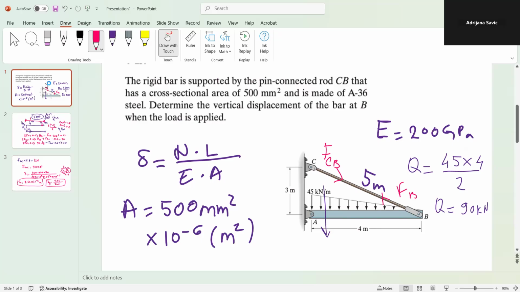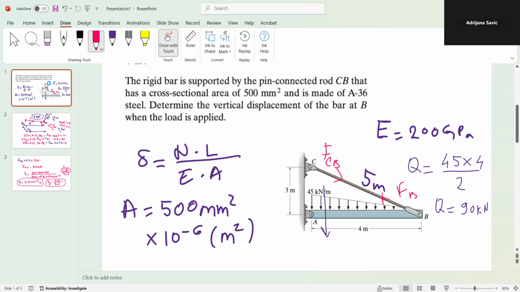If we have some moment, force, or distributed load, these two forces will not be equal, and we will have four unknowns and three equations of equilibrium, which will be an indeterminate system.